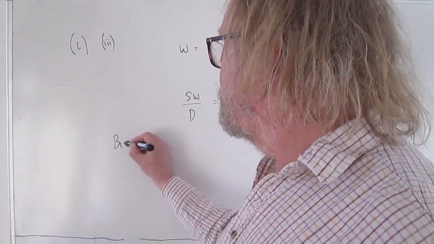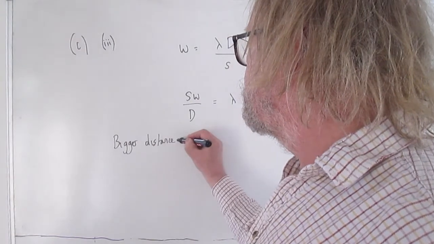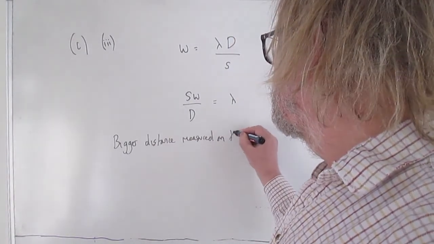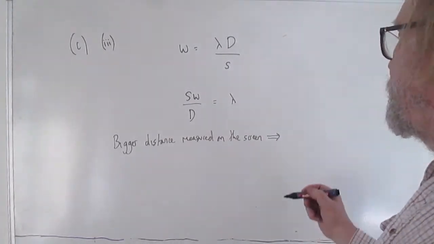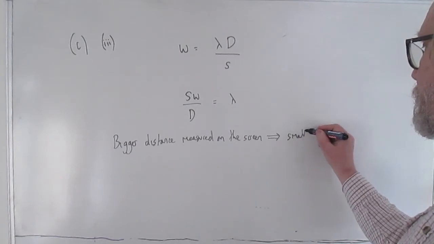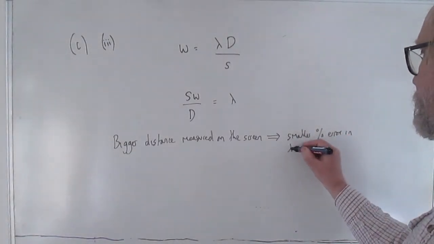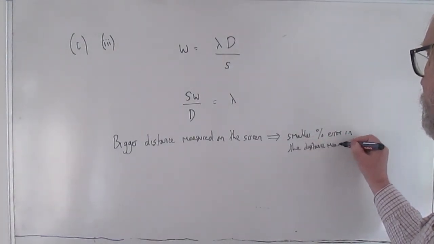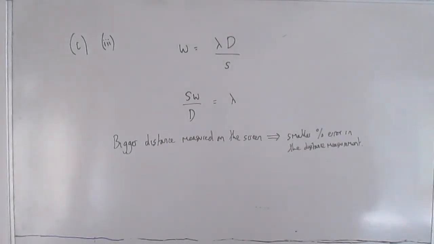Okay, so you want a bigger distance measured on the screen, because that will give you a smaller percentage error in the distance measurement. So how can we achieve that?